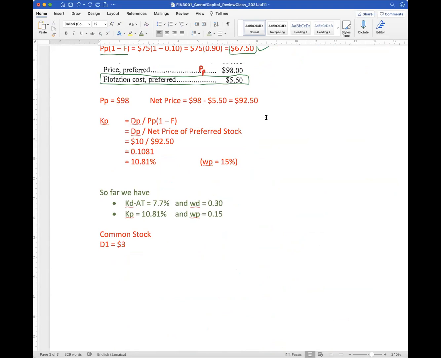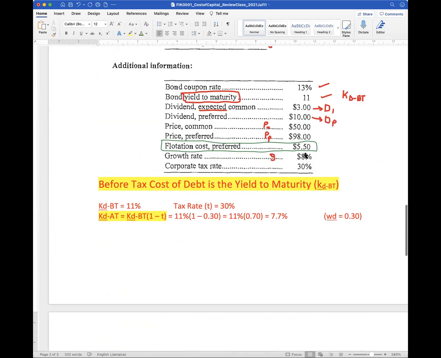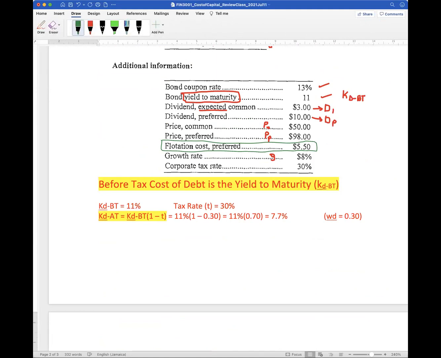So we just put P0 equals 50. Then we have the growth rate. The dollar sign shouldn't be here, that's a little error. It's just 8%.